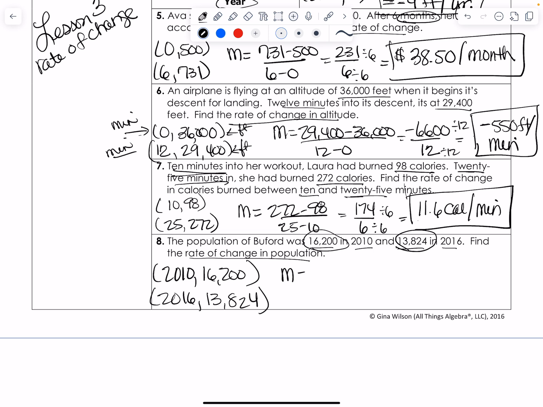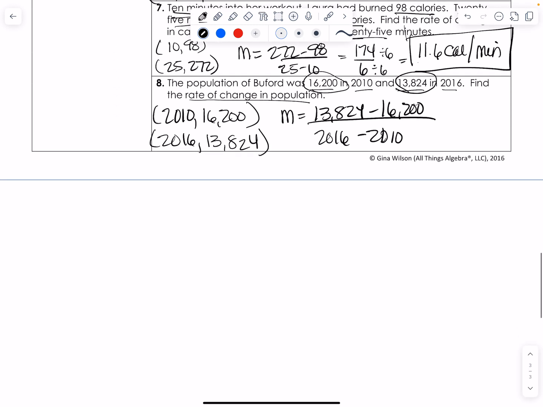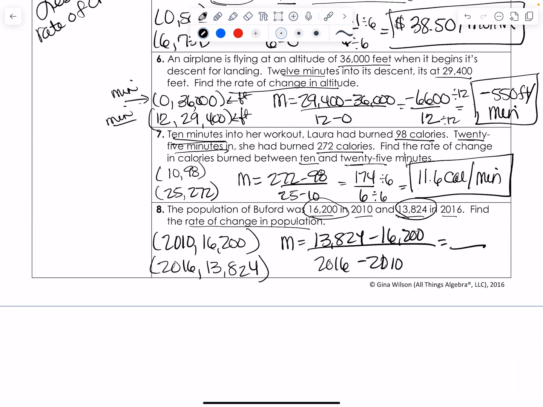So we're going to say m is equal to 13,824 minus 16,200, over 2016 minus 2010, which gives you, on the 15 years difference there, I'm so sorry, what am I thinking? Not 15, that's going to be 6 years difference. And then if you have 13,824 and you subtract 16,200, put that in your calculator.